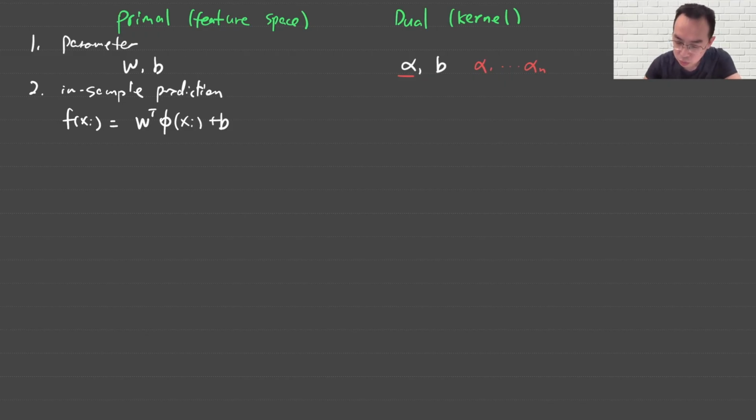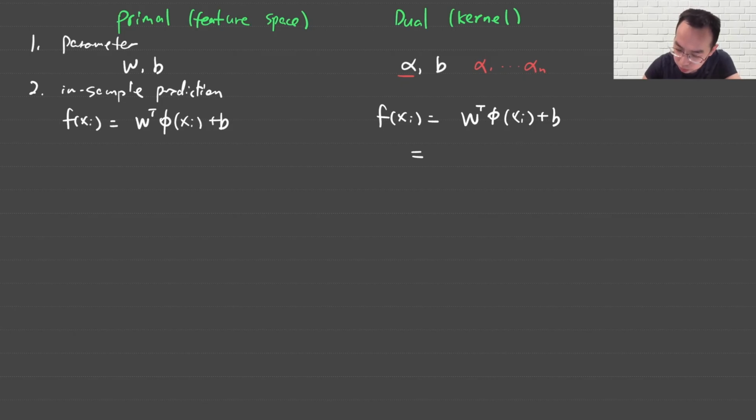Then for the dual problem, we can start with the same equation, but plug in the W weight vector with our estimate using alpha, from the quadratic programming.